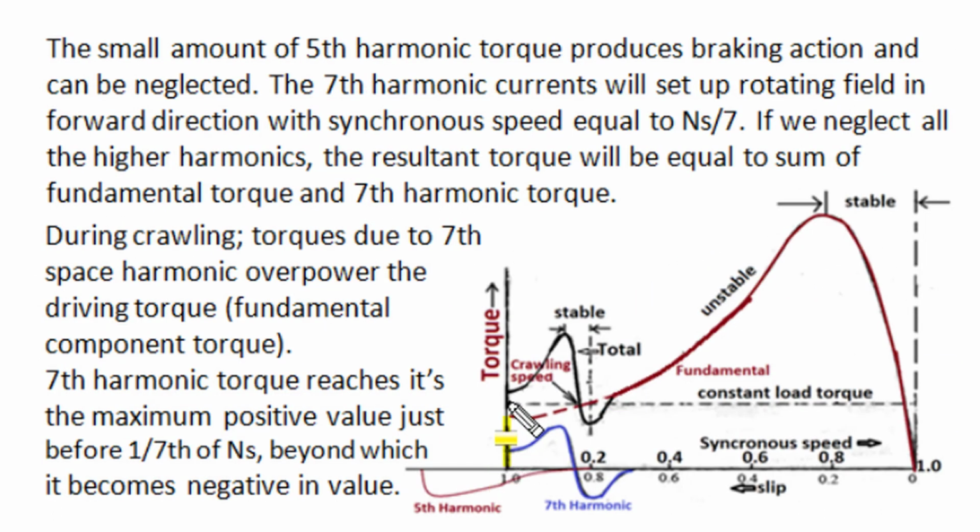When a motor slowly accelerates and starts, the fifth space harmonic produces a braking torque between slip 1 and 2, and normally this small amount of braking torque can be neglected. If we consider the effect of the seventh space harmonic, then that will produce torque in the same direction as that produced by the fundamental flux MMF, and this torque first increases, attains peak magnitude and then decreases to 0 when the synchronous speed of the seventh harmonic, 1/7 of the original motor speed, is attained.